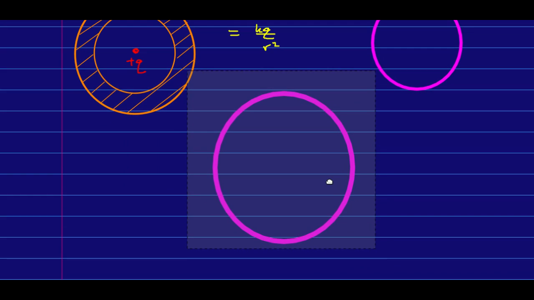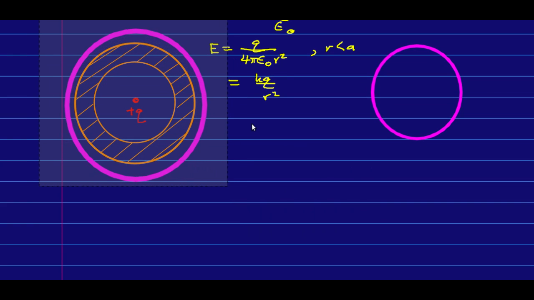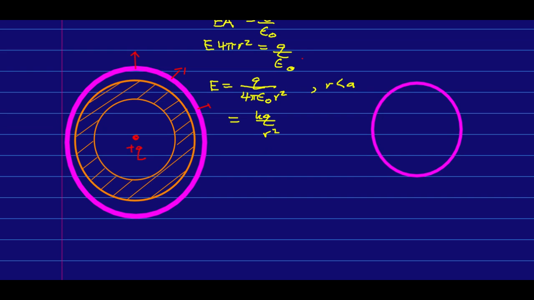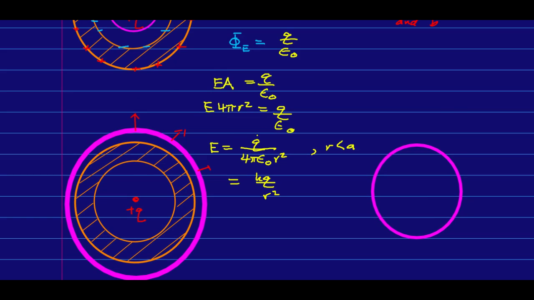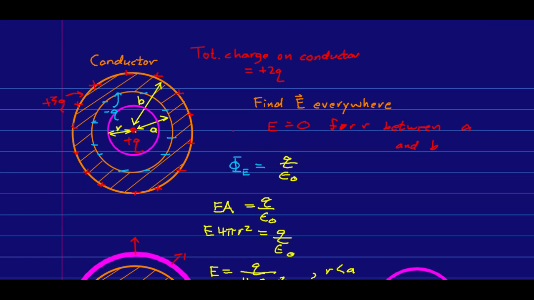So let's do that. And it's going to go more or less the same way. Once again, the symmetry tells us that the E field is perpendicular to that sphere everywhere and the same magnitude everywhere on it. And so we're again going to have that phi E, the flux, is just EA, which is Q inside. Well, now careful. We've got plus Q and minus Q and plus 3Q.